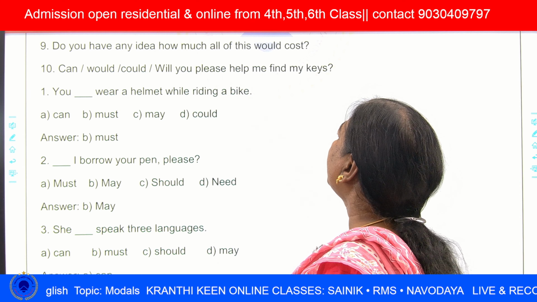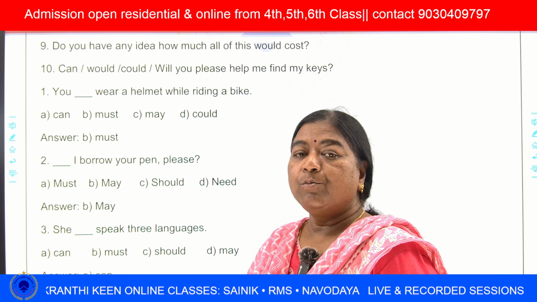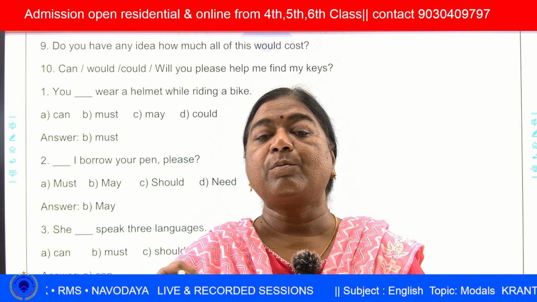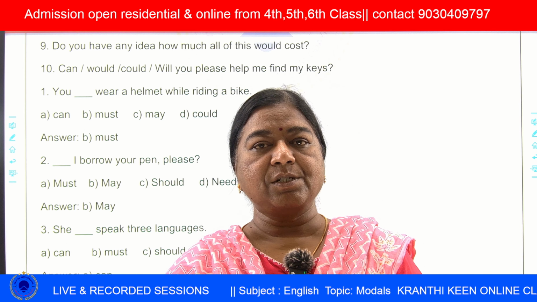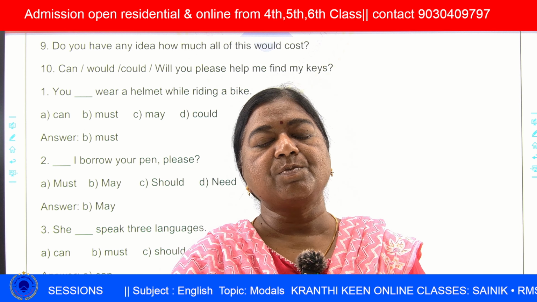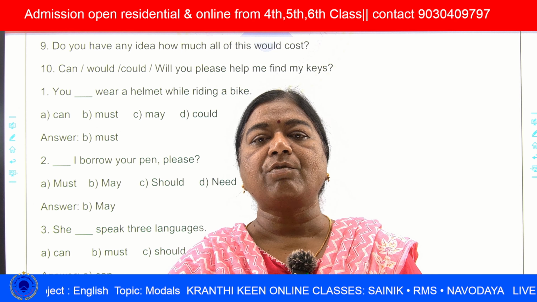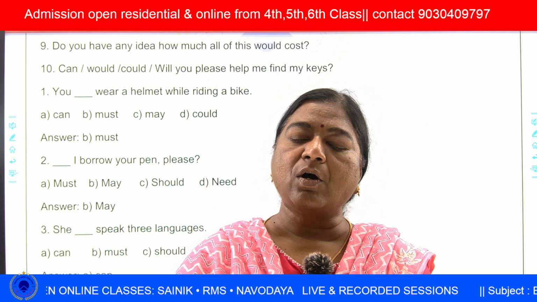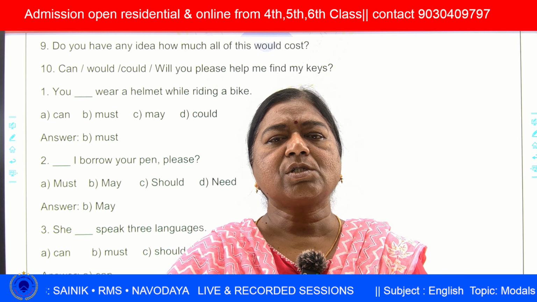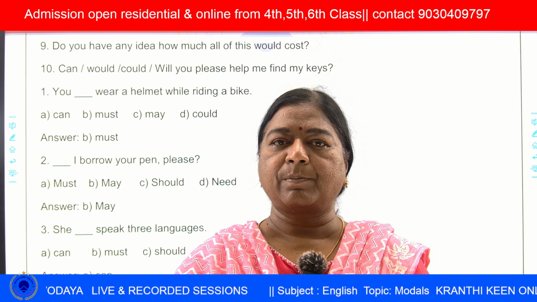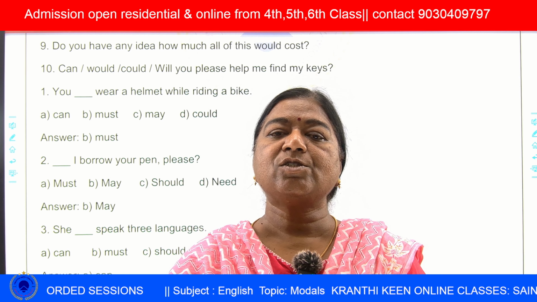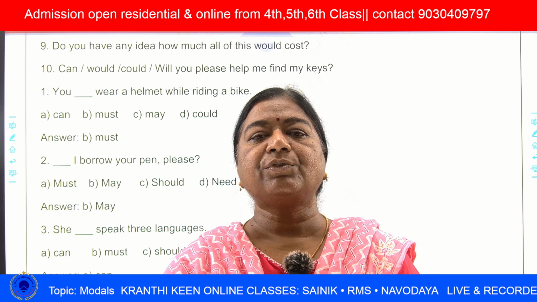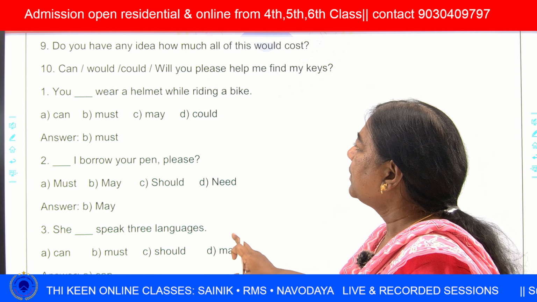Will you please help me find my keys? Again, I would like to highlight that the use of modals depends on with whom you are communicating, the position of the person, and the situation also. Whether we need to be formal or informal, most of the modals would suit, but the appropriate one depends on the situation, the relationship with the person, and the position of the person.